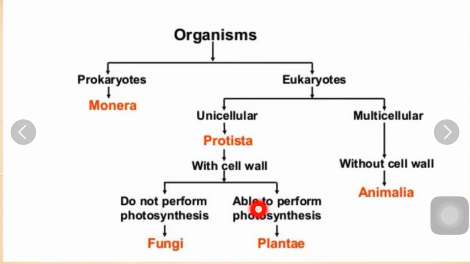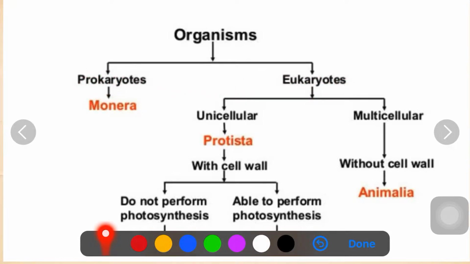So, let us first classify living organisms. Living organisms have been classified into prokaryotes and eukaryotes. Students, prokaryotic cells are cells that do not have a true nucleus, that is, the nucleus is not fully developed, or membrane-bound organelles. Even organelles are absent.